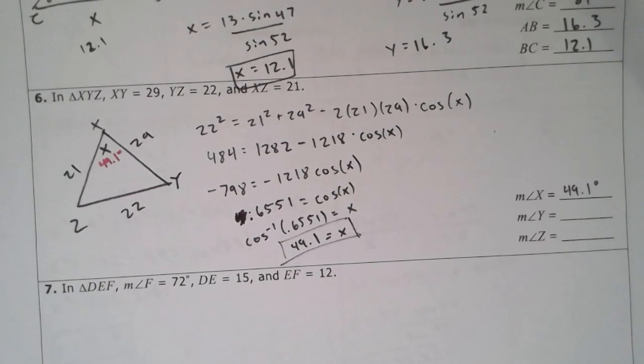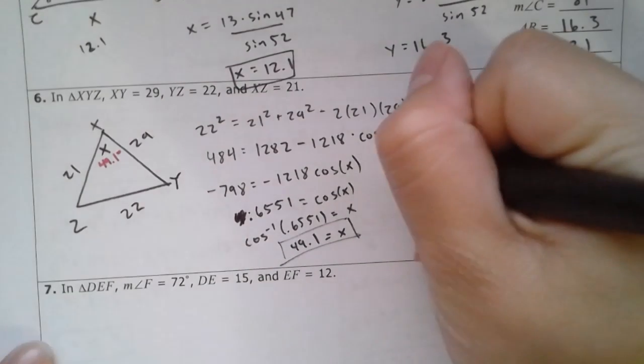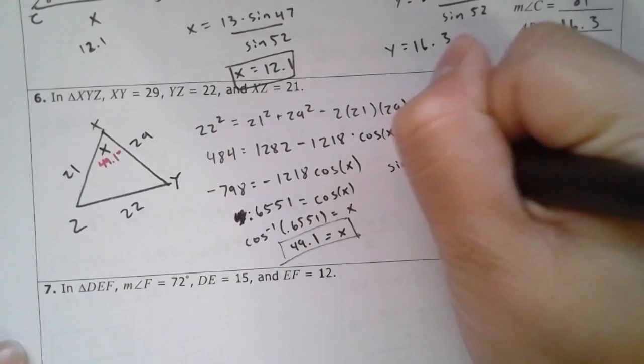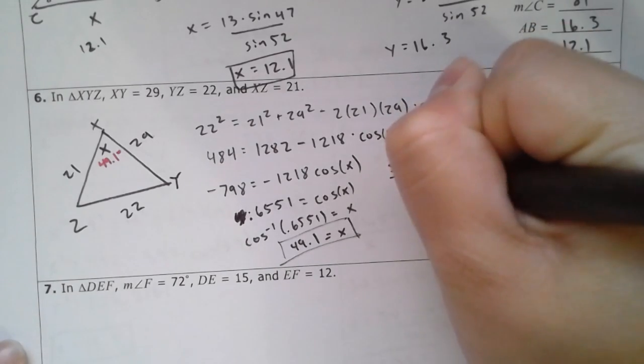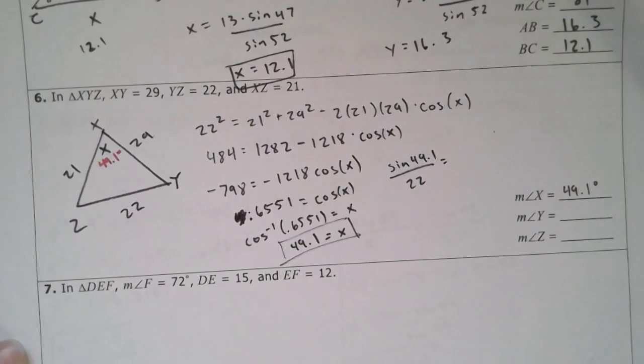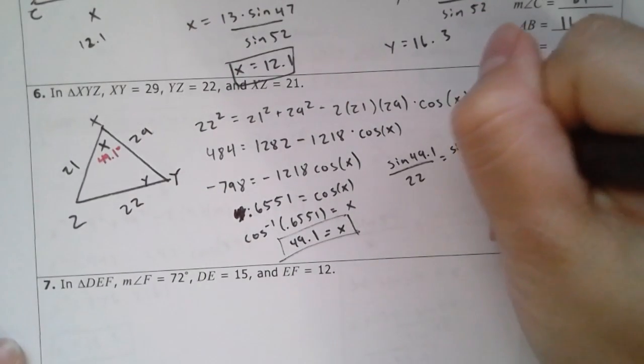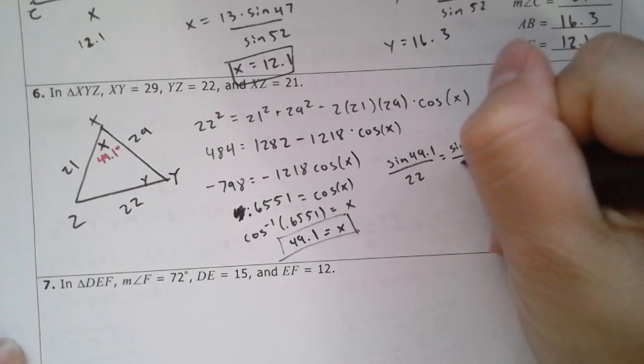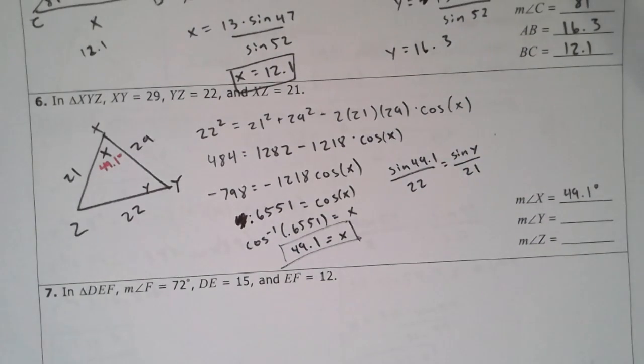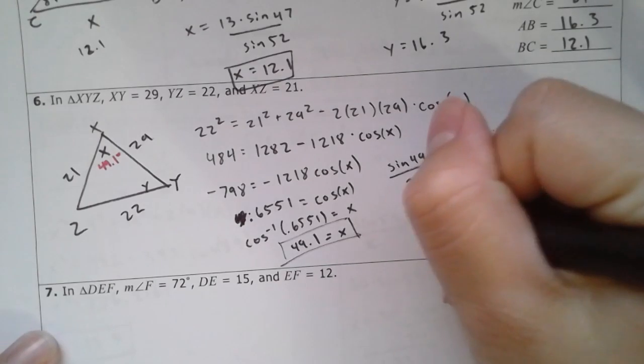I'm running out of space here, so let's see. Sine of 49.1 over 22 is equal to, let's say this one, little y, sine of little y over 21.